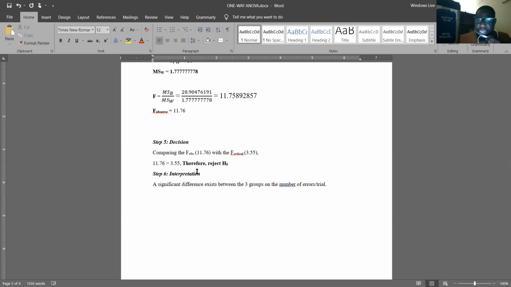H1, meaning state what you indicated for H1 under step 2. And when you go back under step 2, we indicated that there will be a significant difference. So your interpretation will be there is a significant difference between at least two of the groups in terms of the number of errors committed. That'll be your interpretation.